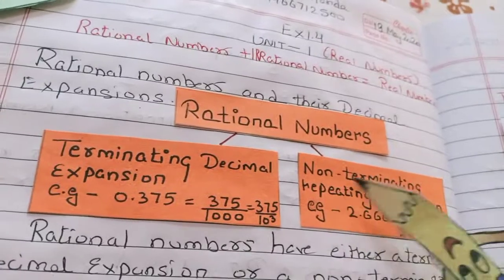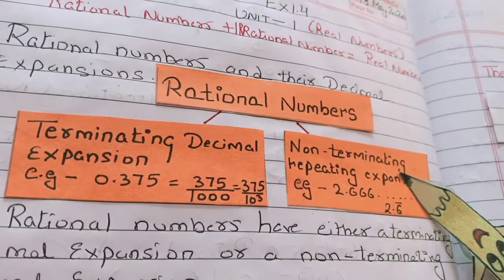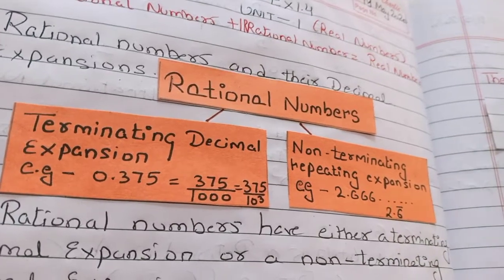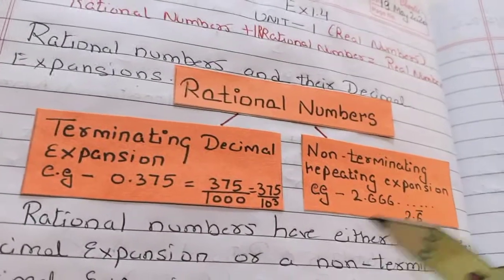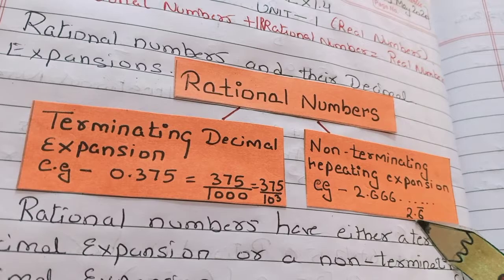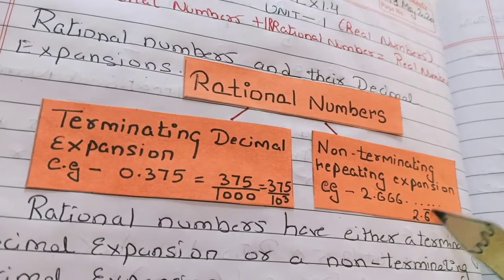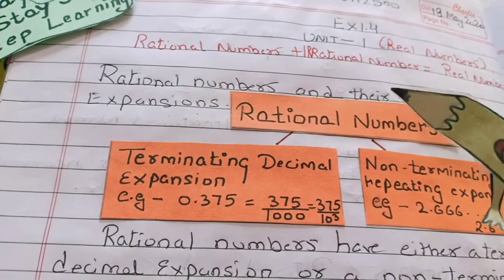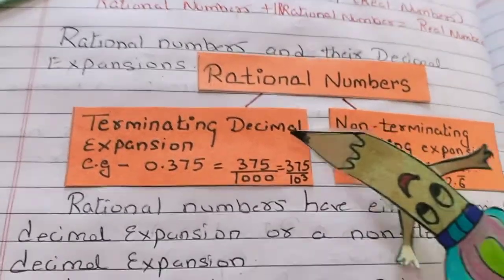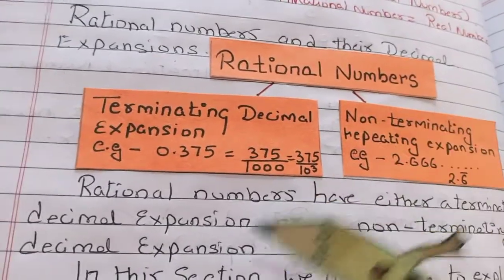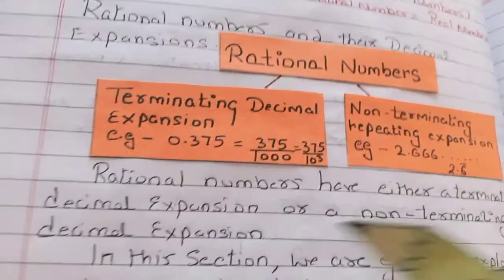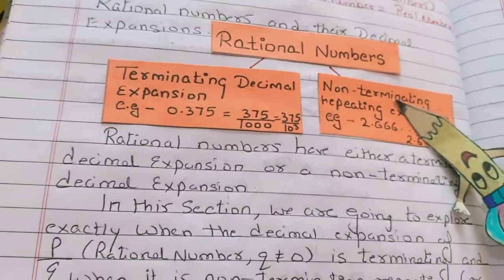The other form is non-terminating repeating expansion, for example 2.6666, it goes on. It can be written as 2.6 bar. Rational numbers have either a terminating decimal expansion or a non-terminating decimal expansion.